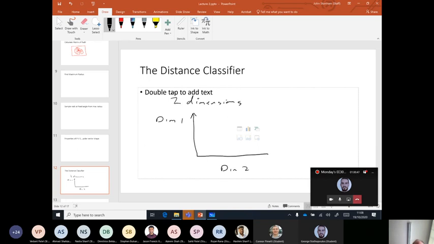If I take a vector A, which is two-dimensional with components A1 and A2, that is going to be a point in two-dimensional space. The vertical coordinate is A1, the first dimension. The horizontal coordinate is A2, the second dimension.